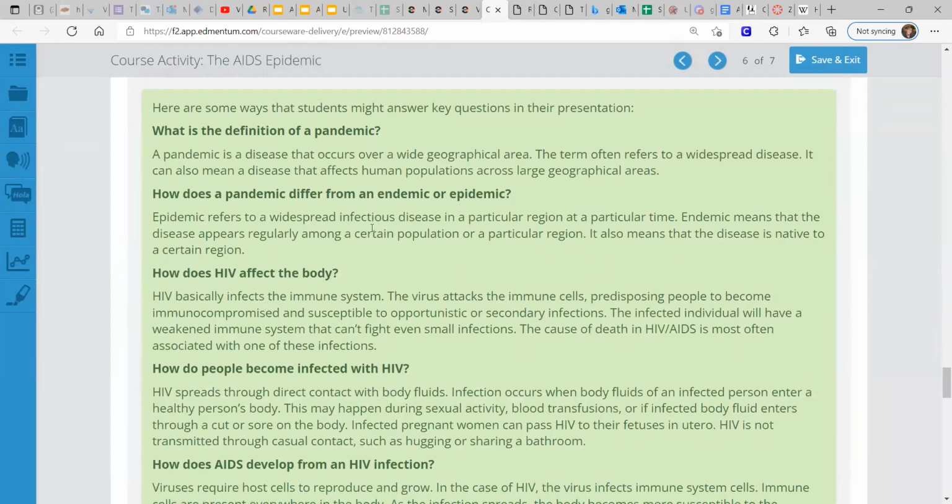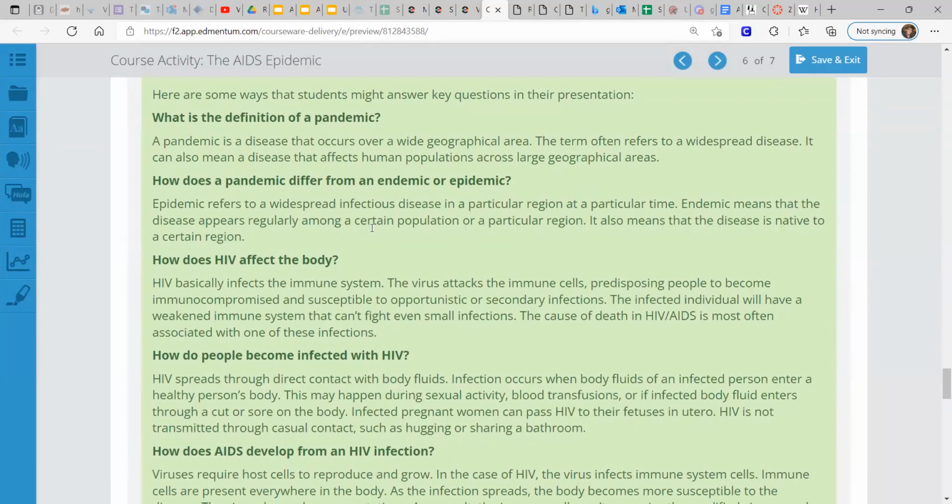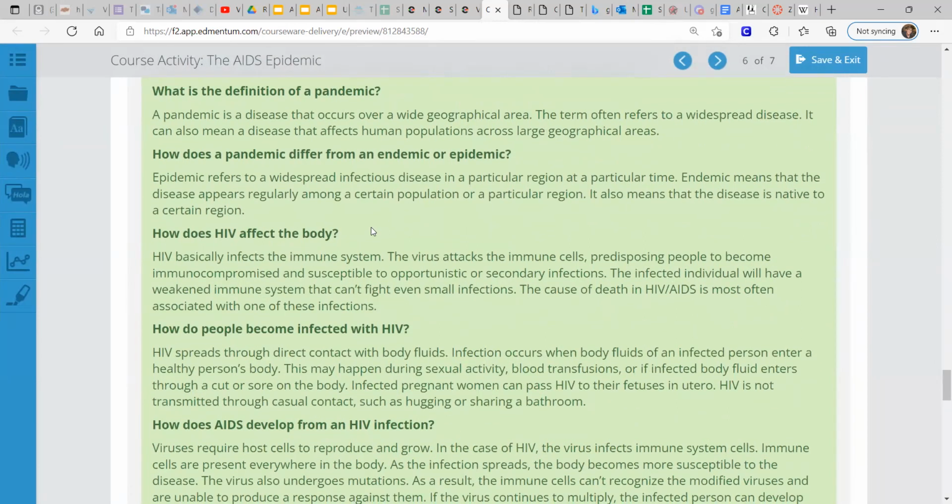So here's a few ways you may answer the key questions. What's the definition of a pandemic? How does a pandemic differ from an endemic or epidemic? So epidemic refers to a widespread infectious disease in a particular region at a particular time.